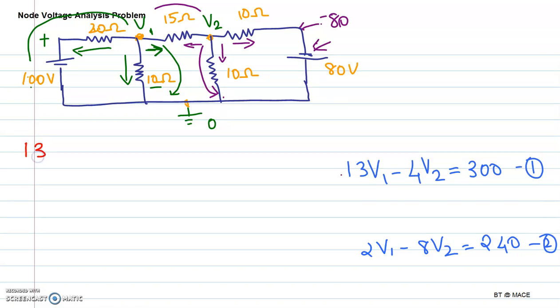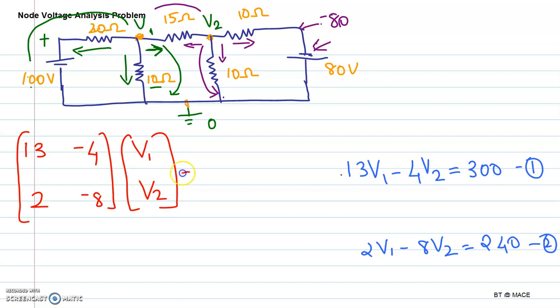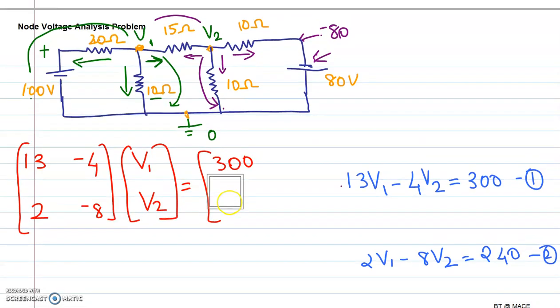So the matrix is 13, minus 4, 2, minus 8, times V1, V2, equal to 300, 240.